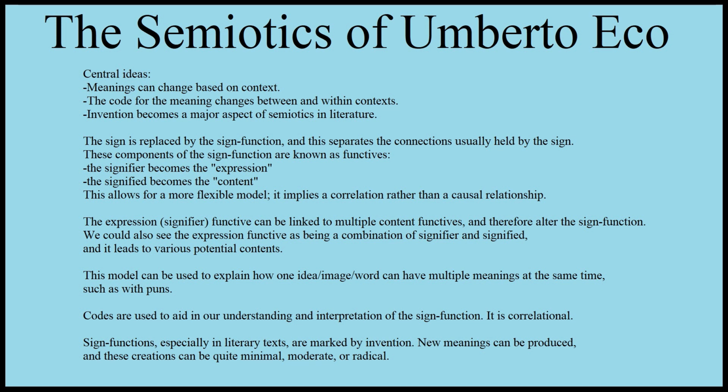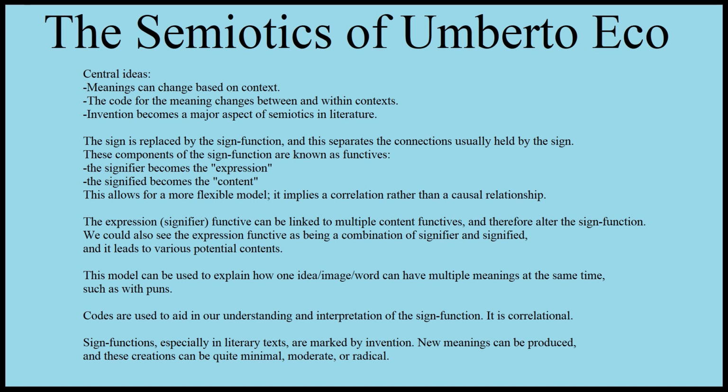So the expression signifier, or expression functive, is then linked to multiple possible content functives. Right? That expression can have a lot of different contents or possible contents, which makes it quite an interesting thing, right? Because it can now become variable, which is one of the major points that differentiates Eco's model from Saussure's model.